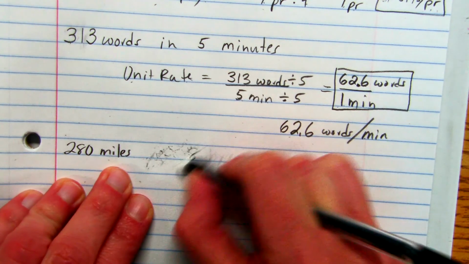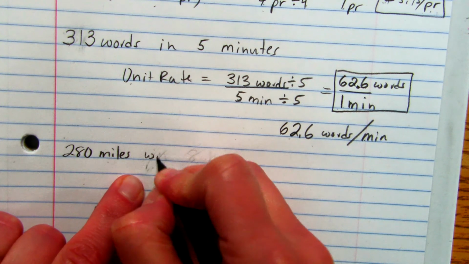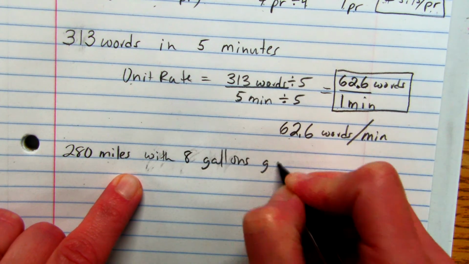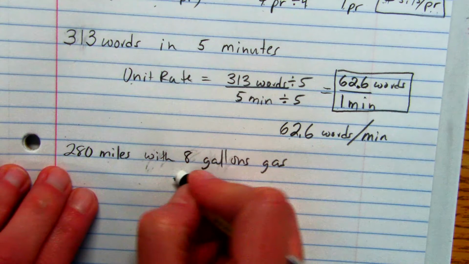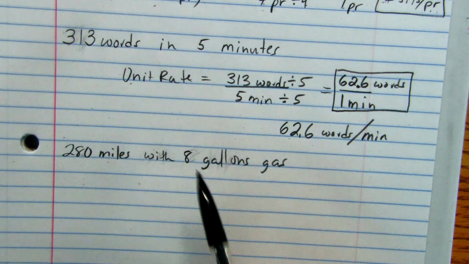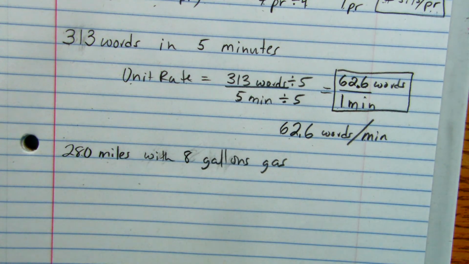I messed that up. 280 miles with 8 gallons of gasoline. I'll just say gas. I had it in my head and then I said it wrong. So 280 miles on 8 gallons of gas. My little car has a small tank, but I can go quite a ways in it.